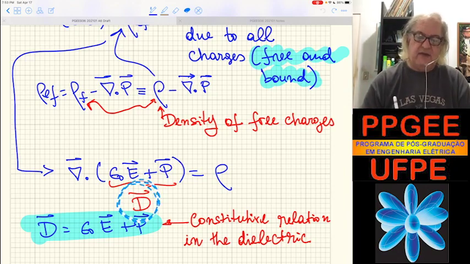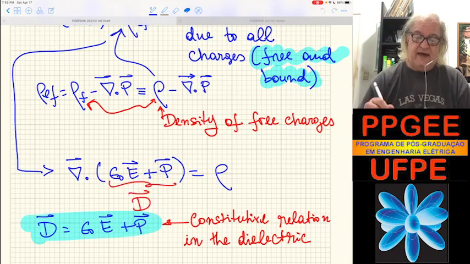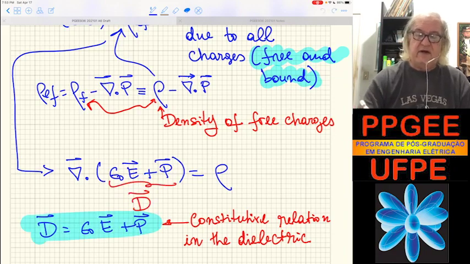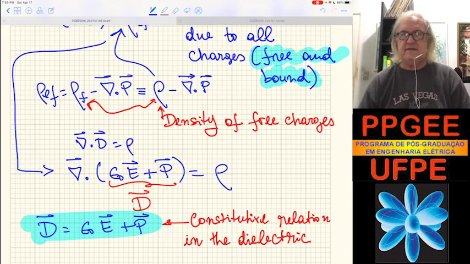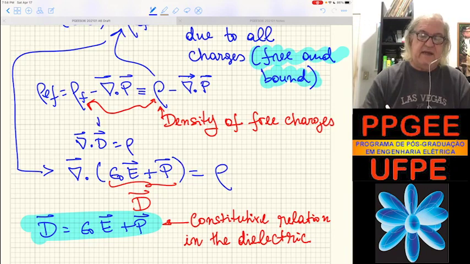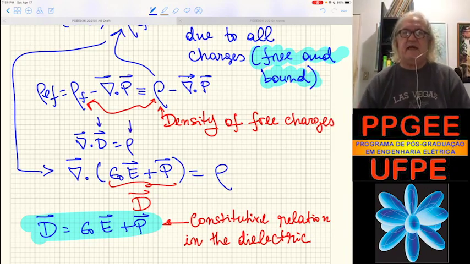Because Gauss's law has to do with the free charges, right? So then we have the divergence of D equals the density of free charges. So when we have D here, we have free charges there, right?